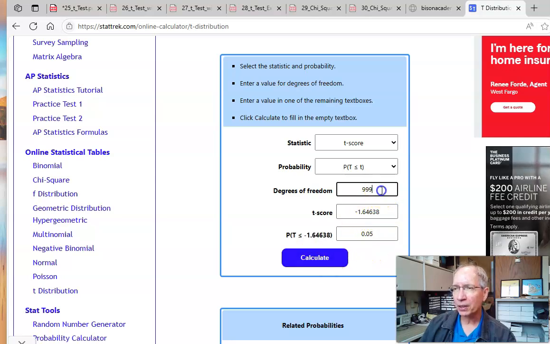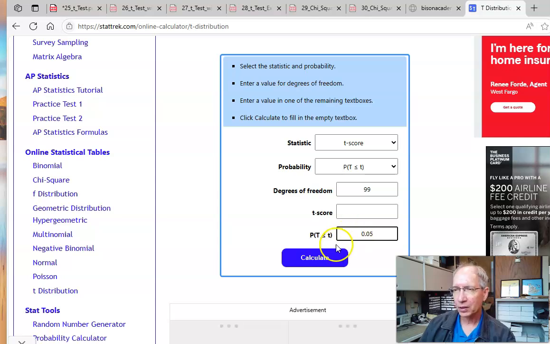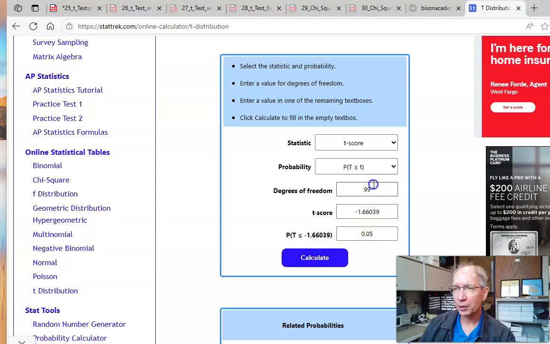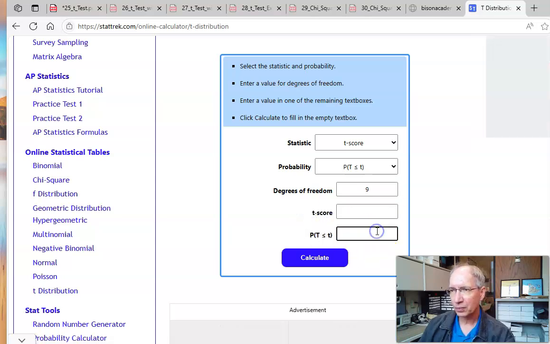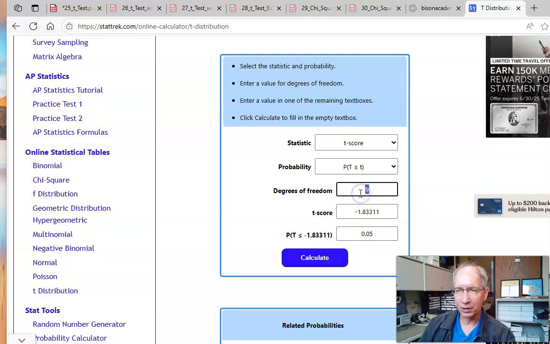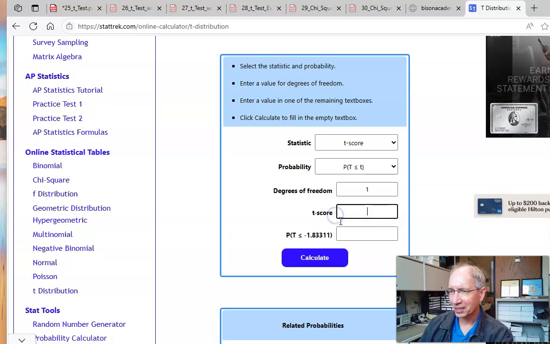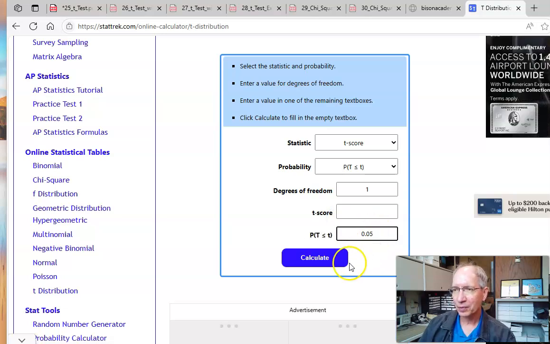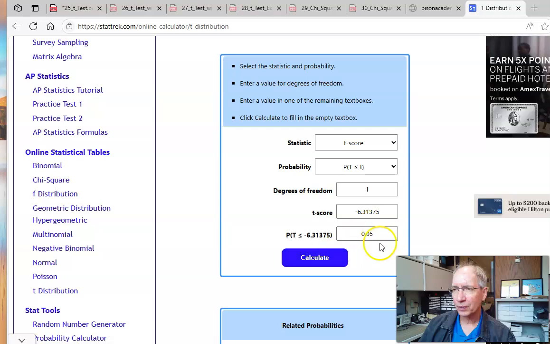A little bit bigger, sample size of 100. Just a hair bigger, sample size of 10. And sample size of 2. That is StatTrack, a convenient way to calculate t-scores and probabilities for a t-distribution.